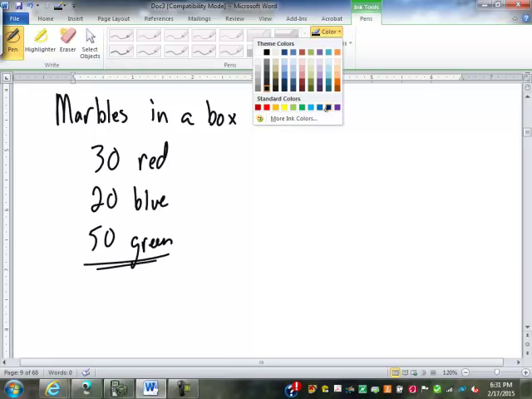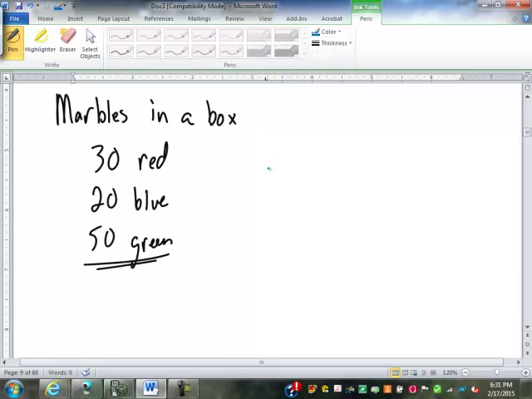Now I'm just going to use some notation here. It's kind of shorthand to speed things along. P with the parentheses is asking what's the probability of getting whatever is in the parentheses. So what's the probability of reaching into that box and drawing out a red marble? Well, there's 30 red marbles out of 100.